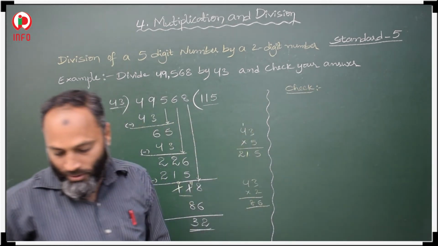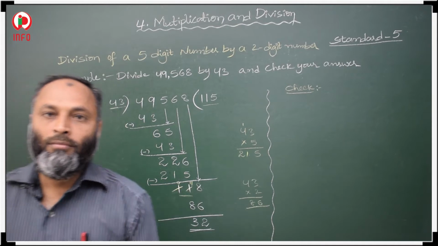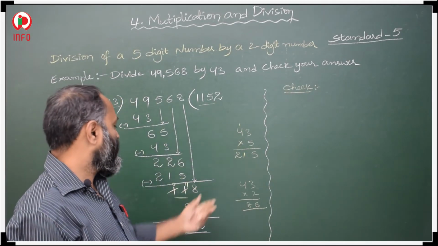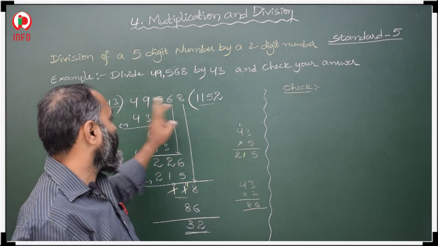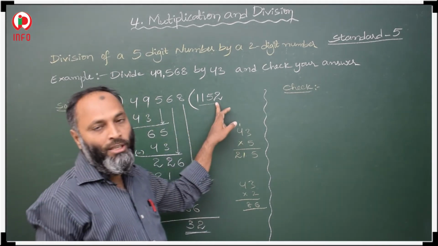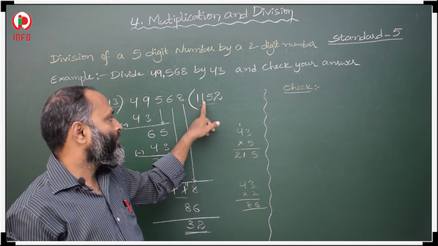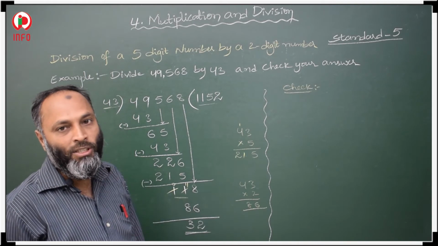How to check? Here 43 2s are 86, that also we keep here. So, what is our quotient? 1152 is your quotient. Okay.